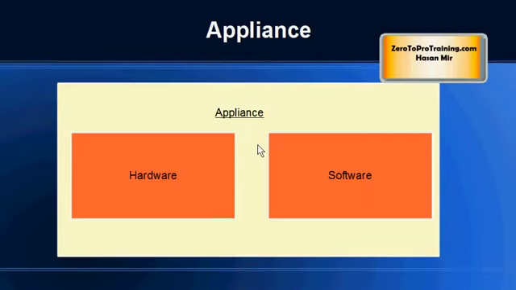The term appliance is technically used to refer to hardware and software together, and it is also used to refer to soft copies of the virtual machines that are downloaded as files, because when you install this file to a virtual machine software, you end up having a computer with software already installed on it, and this is a virtual computer, of course.